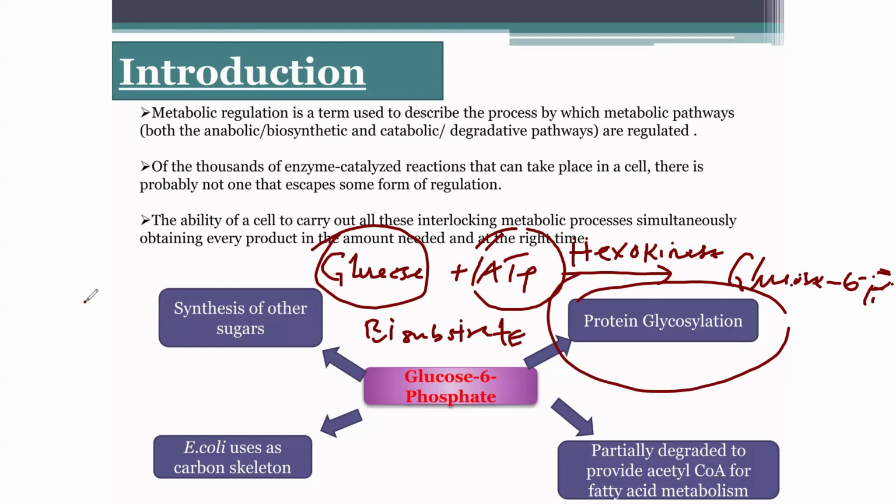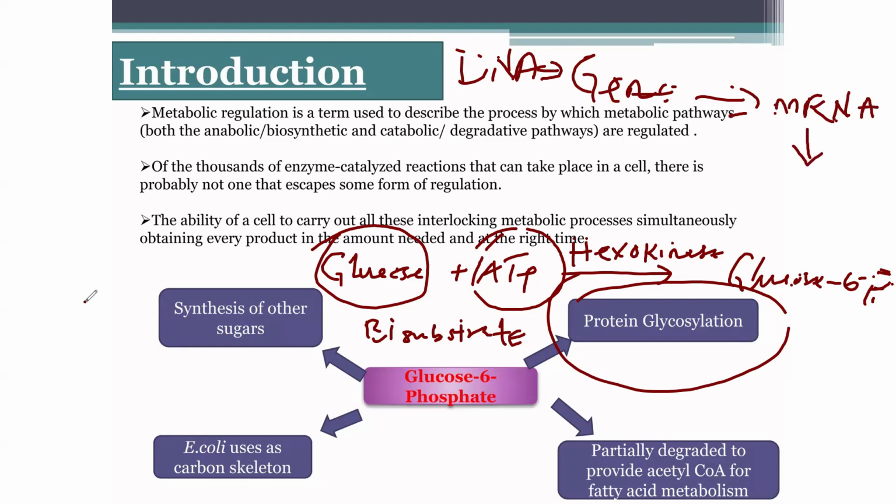Remember from the concept of molecular biology, in DNA we have genes, and these genes are responsible for producing a specific messenger RNA, and the specific messenger RNA will be used in synthesizing proteins. Most of the proteins are synthesized in the ribosomes.